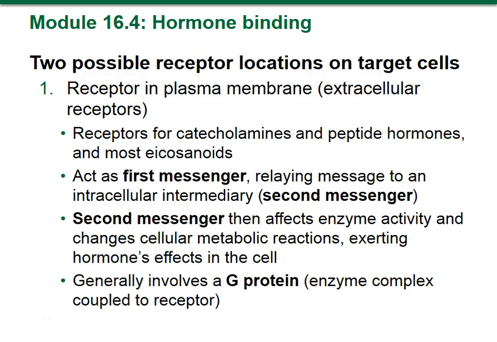In the plasma membrane itself, and we call this an extracellular receptor. So the plasma membrane is the membrane that is on the outer part of the cell. It kind of holds everything in, right, and regulates what goes in and out of the cell. So receptors for catecholamines and peptide hormones and most of your eicosanoids are found on the plasma membranes.